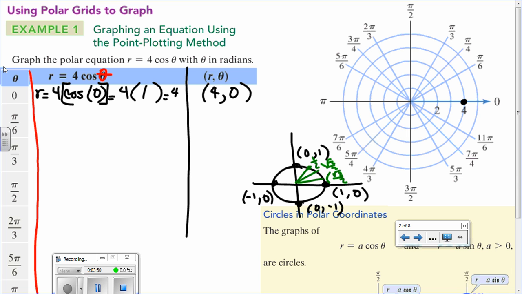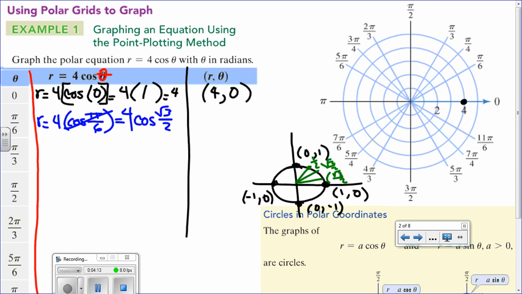So here we have r is equal to 4 times the cosine of pi over 6. On the previous test you had, you had to substitute this whole expression with the actual ratio, which is square root of 3 over 2. But some of you were still writing cosine and then the square root of 3 over 2, and then you were like, what do I do now?